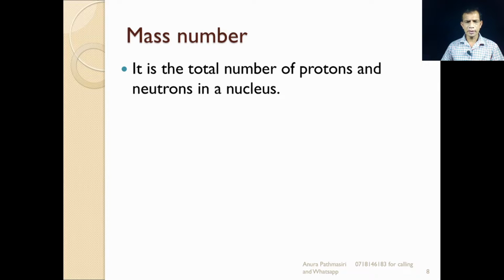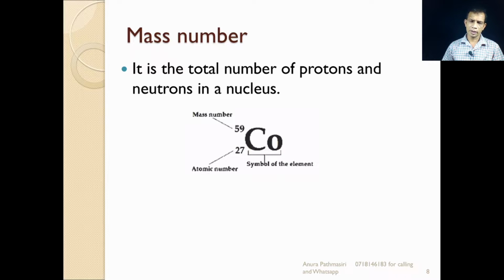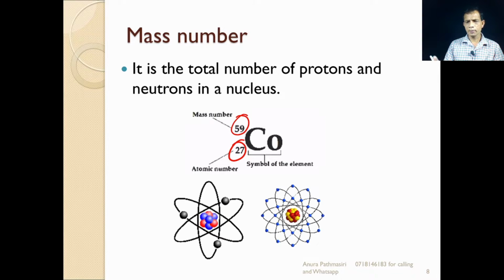Mass number is the total number of protons and neutrons in a nucleus. You have studied that when the symbol is given, the mass number is given over here, and this is the atomic number. As you know, when there is an atom, there is a nucleus.